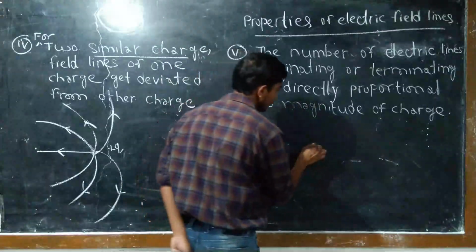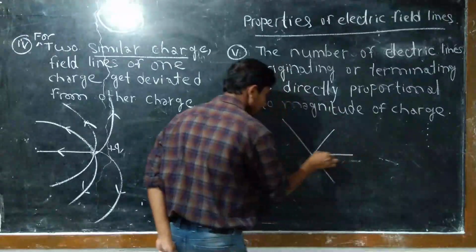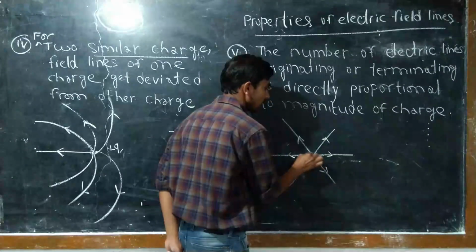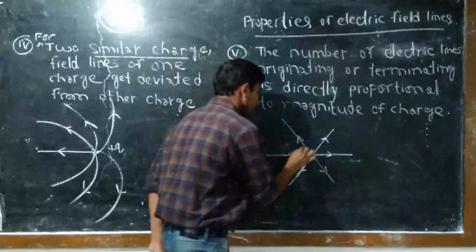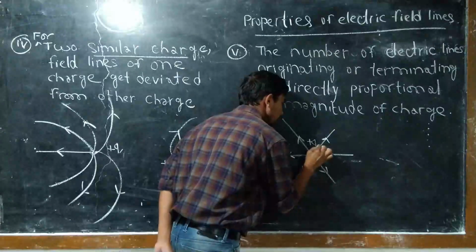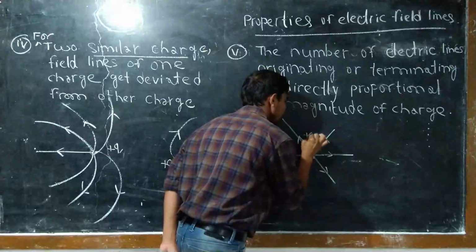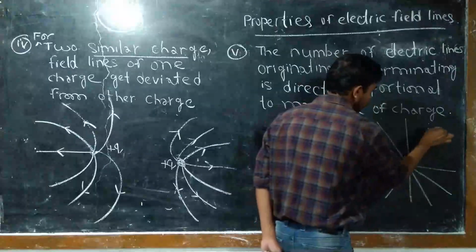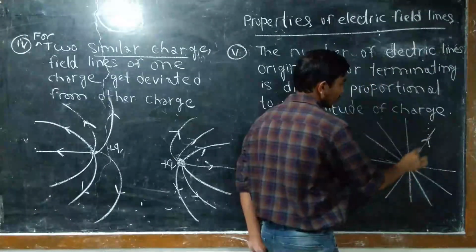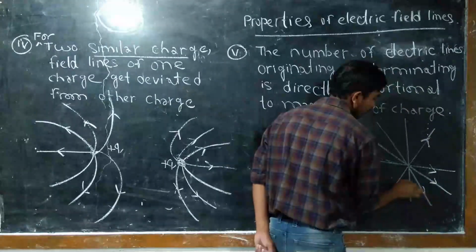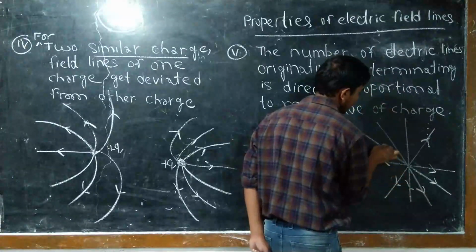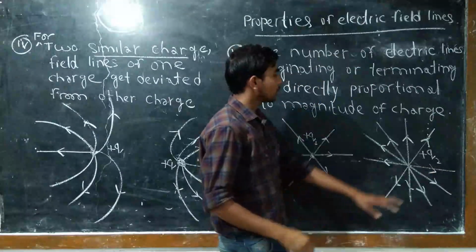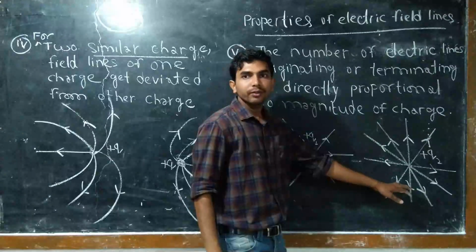So now you can see here, suppose I am taking two charges here, right? 1, 2, 3, 4, 5, 6. So 6 electric field lines is coming out. Suppose this is your charge plus Q1, right? And another charge is also present here. So you can see here how many electric field lines is coming here. 1, 2, 3, 4, 5, 6, 7, 8, 9, 10, right? So you can see here for charge plus Q2, 10 number of electric field lines is coming out, right?